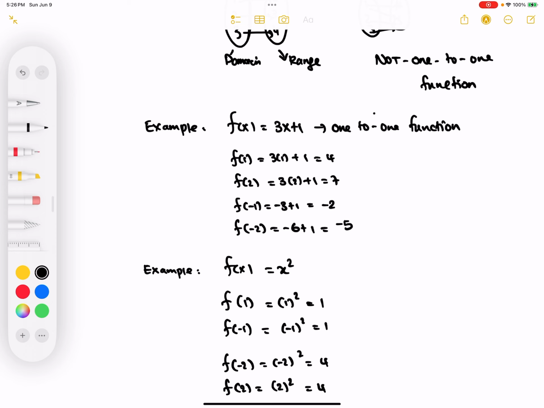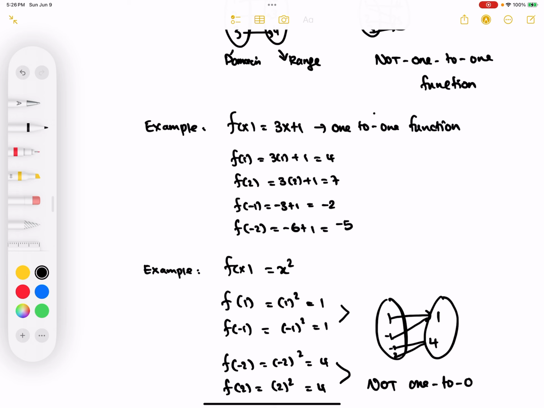Do you see that this is not one-to-one? Because 1 and negative 1 both give you 1, and negative 2 and 2 also both have 4. So these are not one-to-one functions.